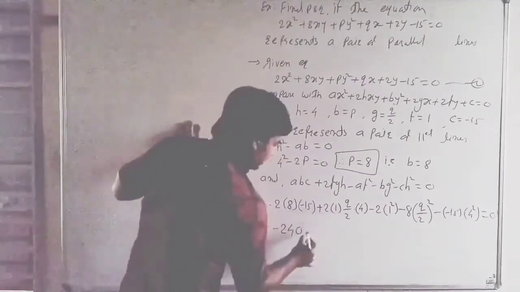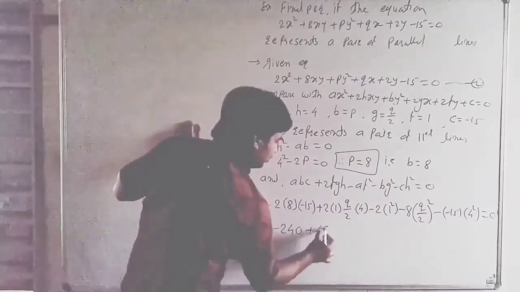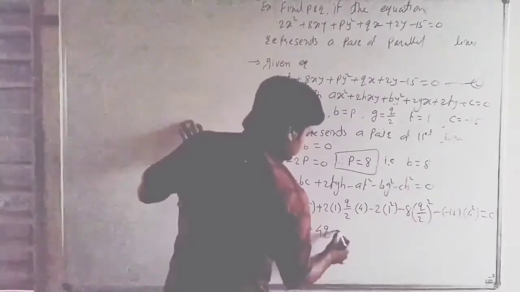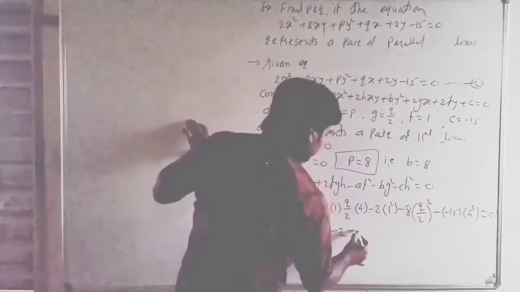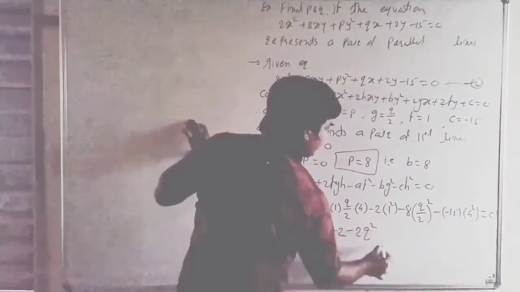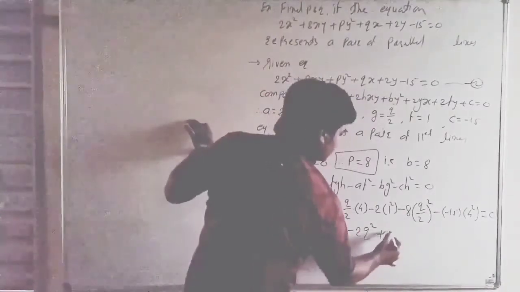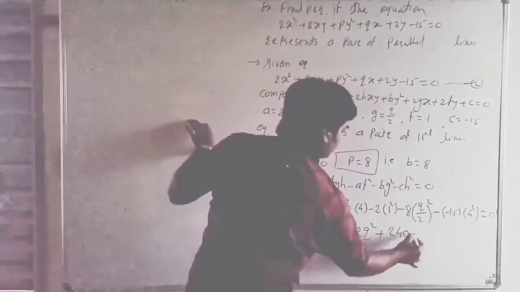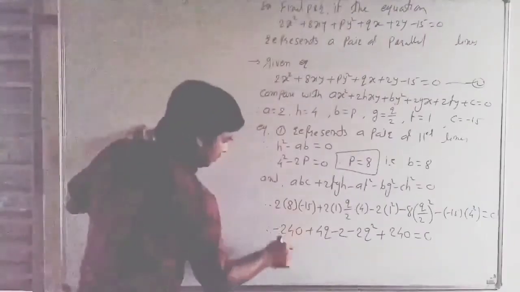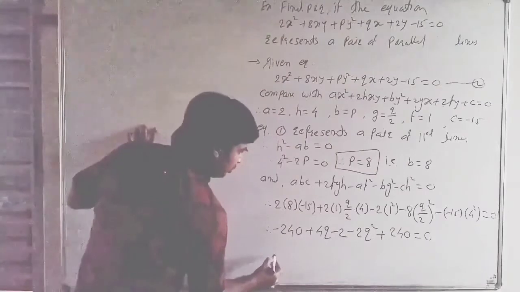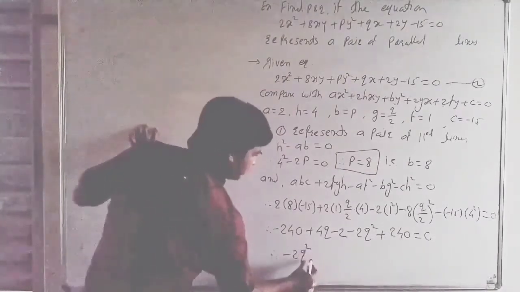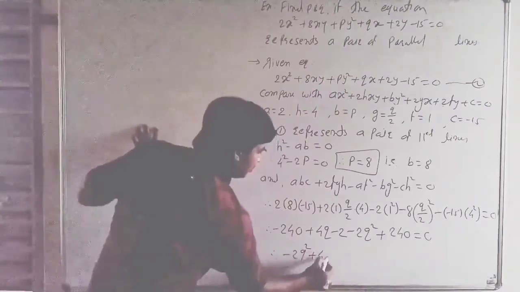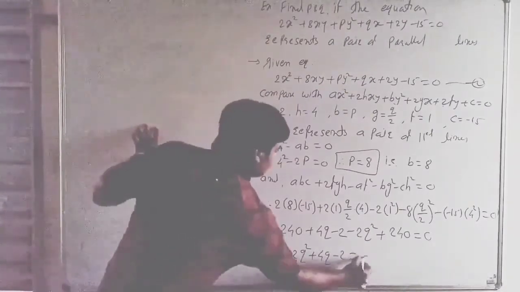Then here 2 gets cancelled, plus 4q, again here minus 2, here q square by 4 cancels, it is minus 2q square and it is plus 240 is equal to 0. Here it is 16 into 15, 240. Therefore 240 gets cancelled. Here minus 2q square plus 4q minus 2 is equal to 0.